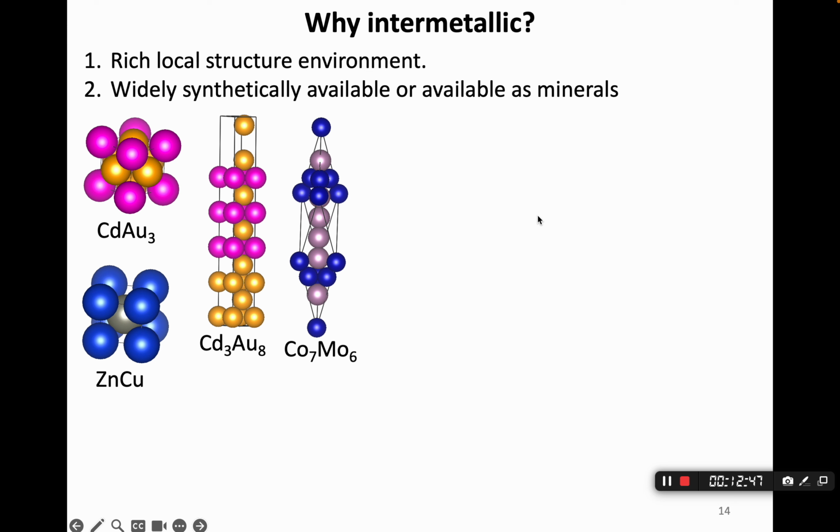So we did a high-throughput screening of all intermetallics starting from 31 transition metals. We also include some of the rare earths like lanthanum and scandium. That's why it ends up with 31.